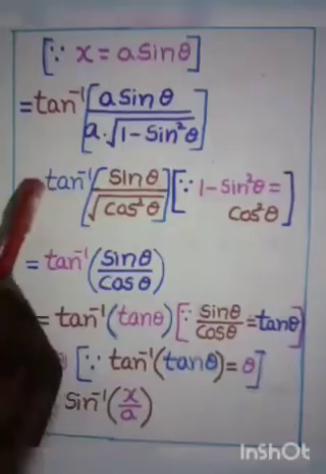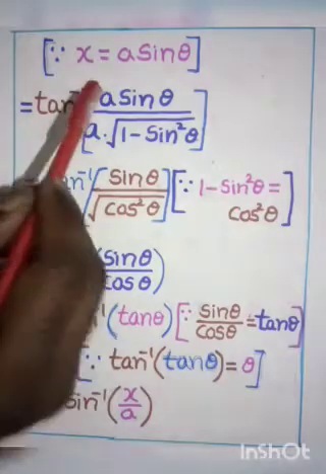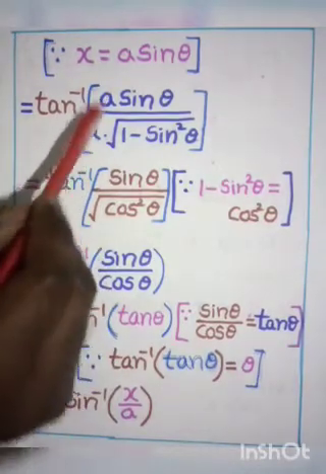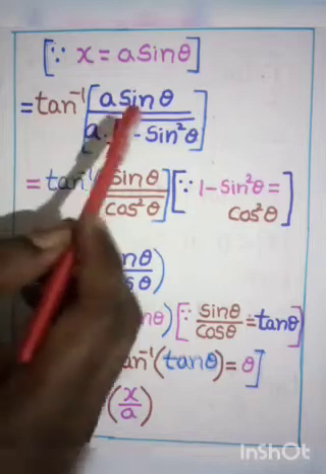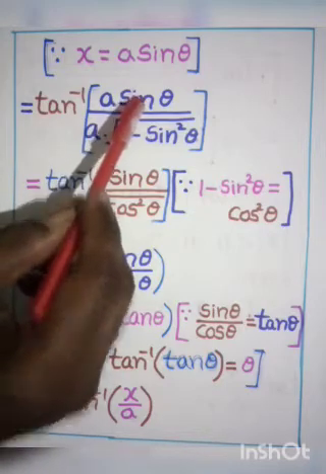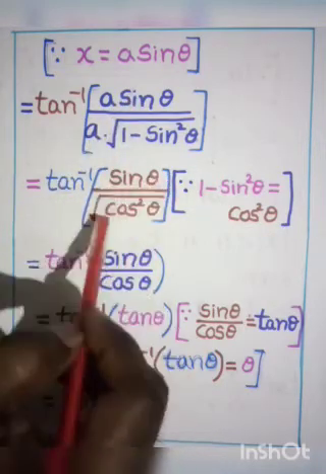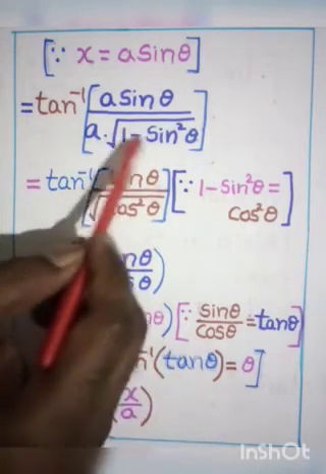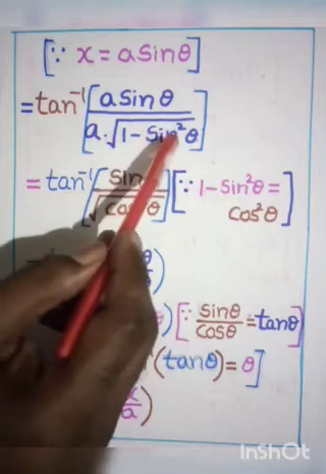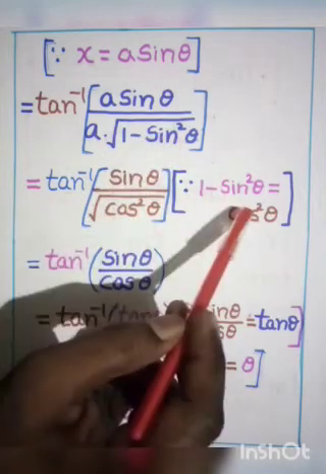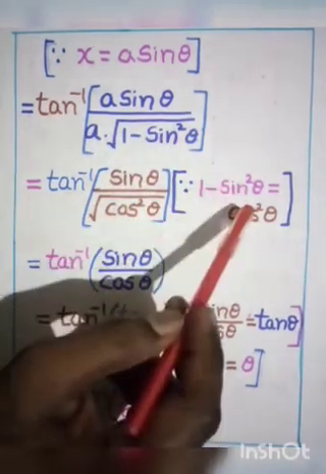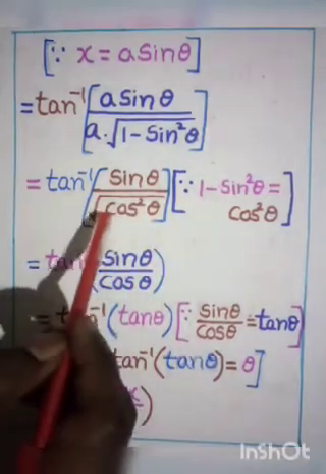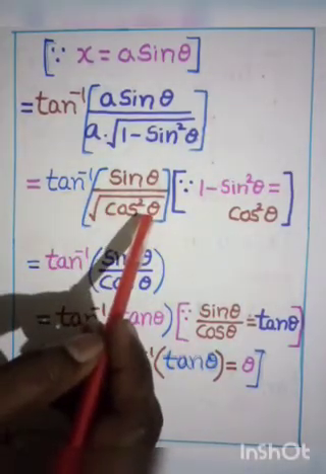Right. That is equal to tan inverse of, by striking out a in the numerator as well as in the denominator, we get sin theta in the numerator divided by square root of cos square theta, because 1 minus sin square theta is equal to cos square theta. That is a trigonometric identity. That is why I wrote here cos square theta in the denominator.